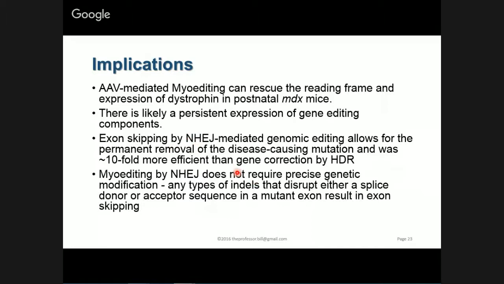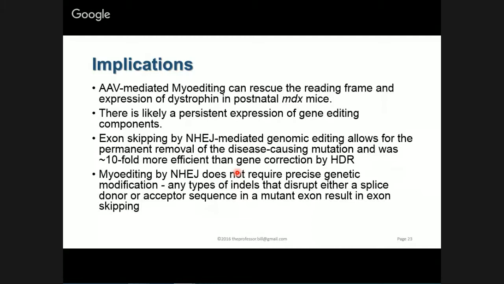And in fact, not shown in this paper, but in the companion paper that Eric Olson had in 2014, he actually says that this is better than when he used HDR, homology-directed repair, when he put in a good copy of exon 23. This was about 10-fold more efficient than what he saw in his earlier paper.